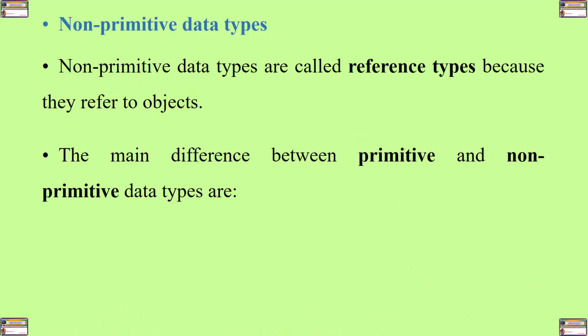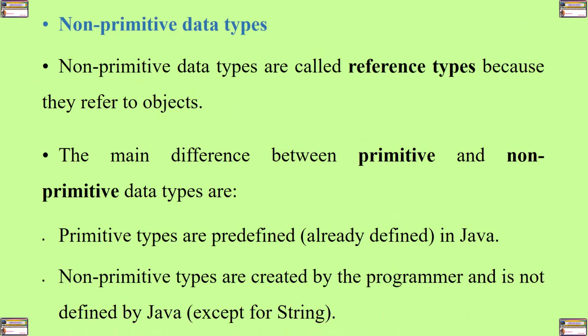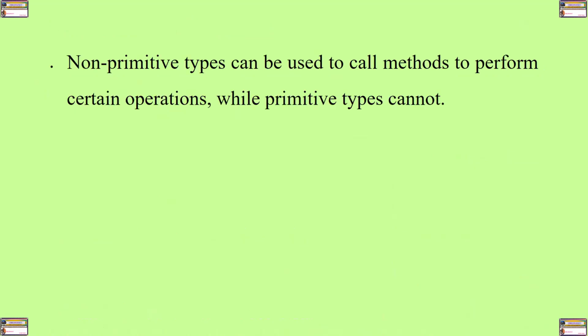The main difference between primitive and non-primitive data types is that primitive data types are predefined. Their meaning is already known in Java. But the non-primitive types are created by the programmer and are not defined by Java, except for string. The non-primitive types can be used to call methods to perform certain operations, while primitive types cannot.